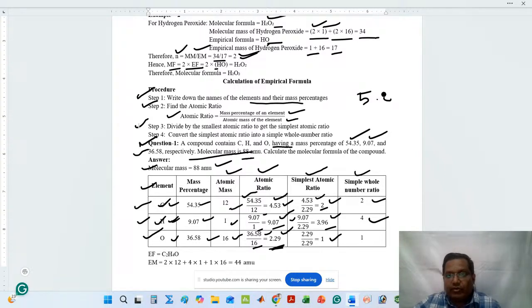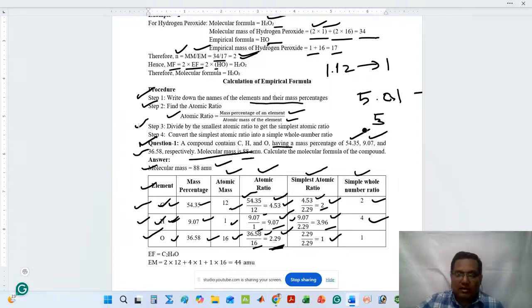Suppose a value is given 5.01. Then what is the simplest whole number ratio? That is 5. Suppose a value is given 1.12. You can write here only 1.